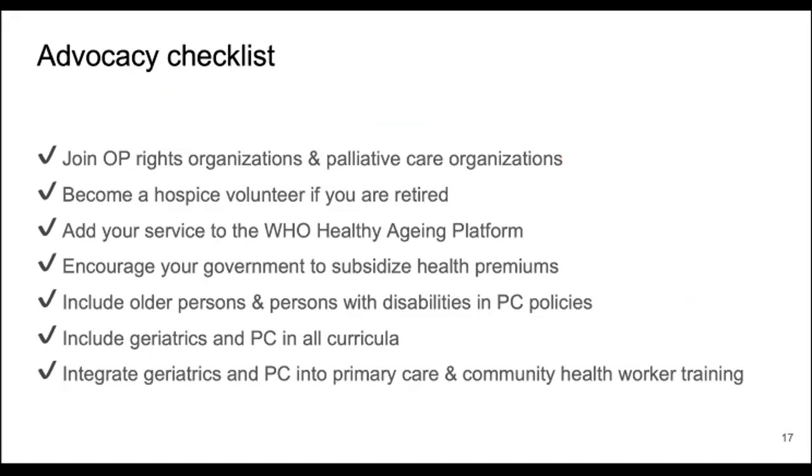Encourage your government to subsidize health premiums. Include older persons and persons with disabilities in palliative care policies. Include geriatrics and palliative care in all curricula. Integrate geriatrics and palliative care into primary care and community health worker training.